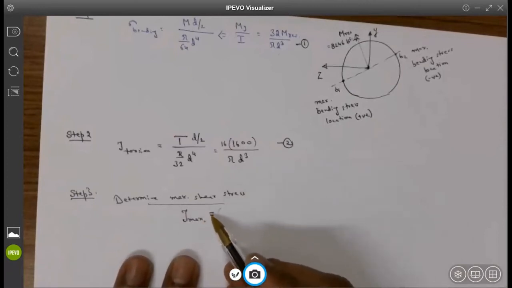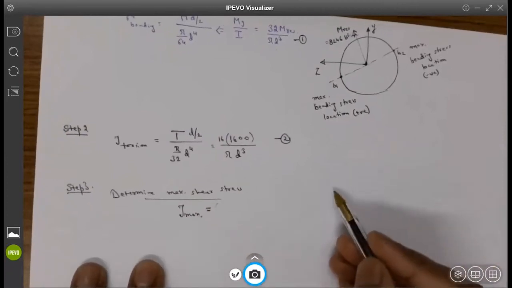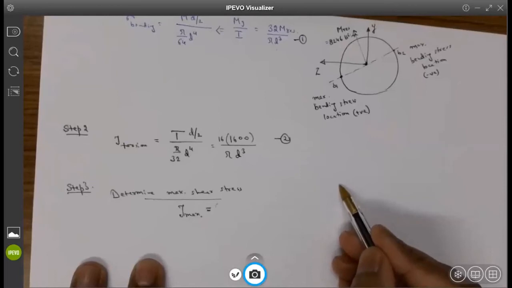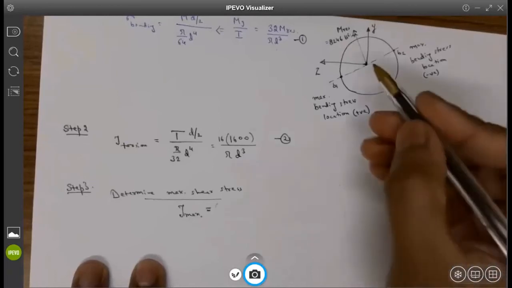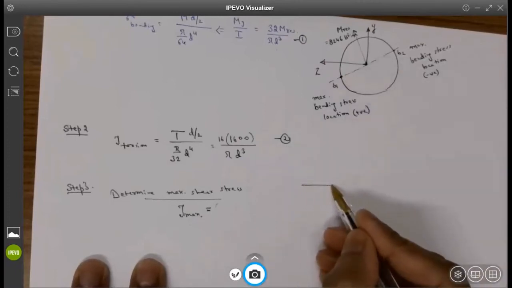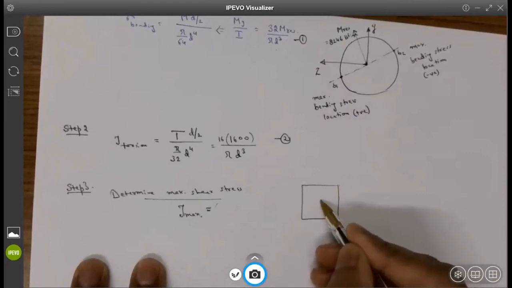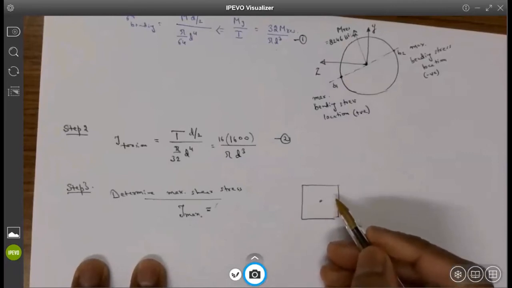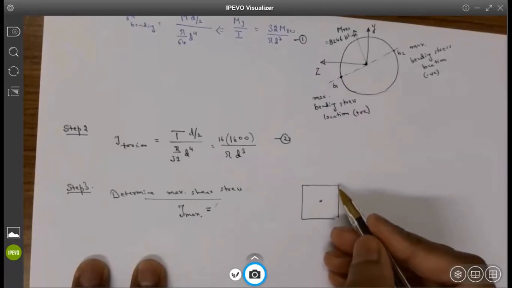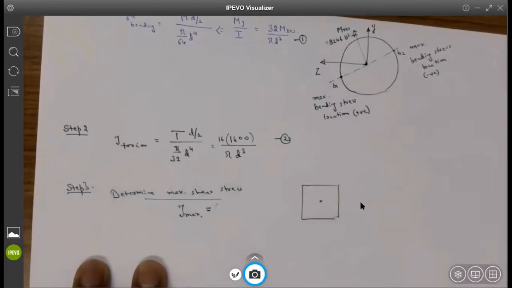Can anybody make an attempt or guess how you can find the maximum shear stress? Any guesses? You draw Mohr's circle?